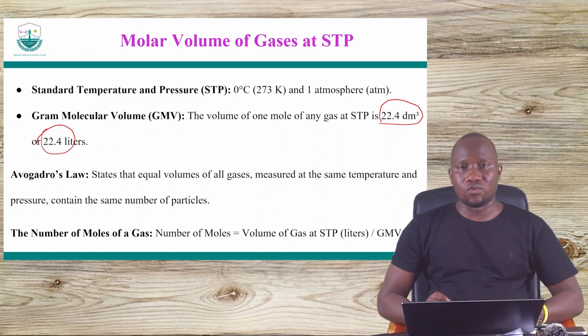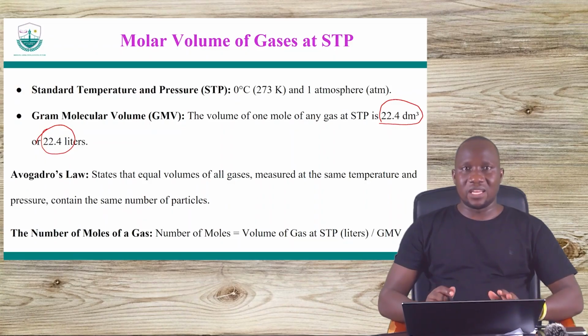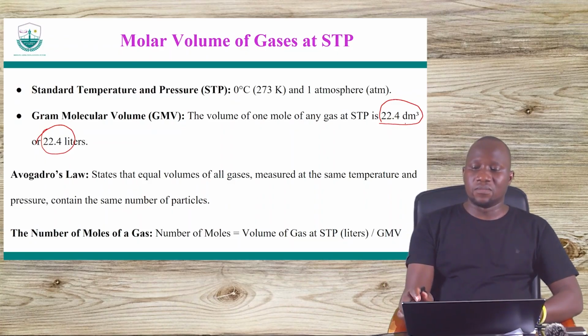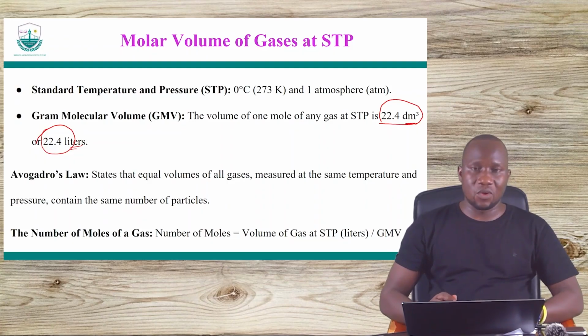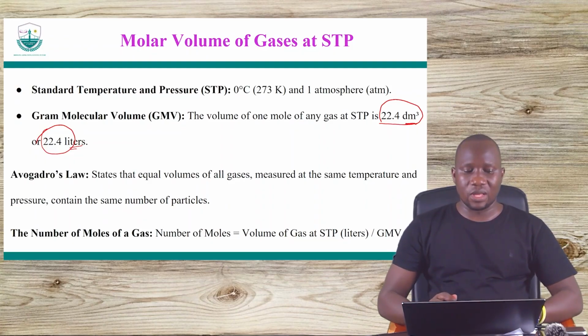So one of the key issues here is to be consistent with the units. You can write decimeter cubed or liters, but be very consistent.